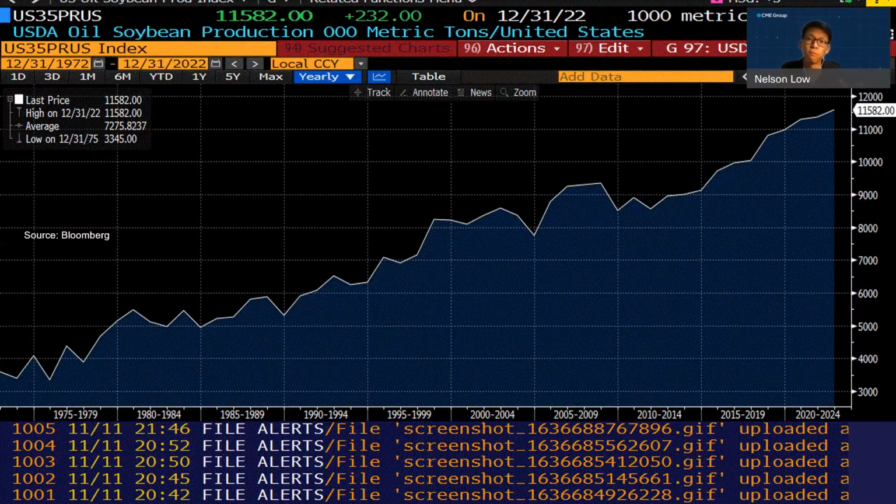And that's what I spent my initial few years at work learning: the supply and demand balances for soybean oil. When you look at the fundamentals, you always look at the supply side and then the demand side.